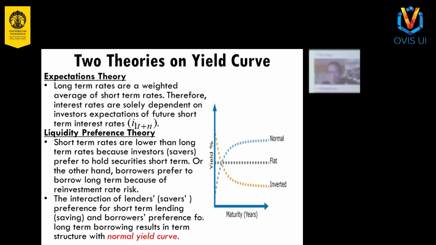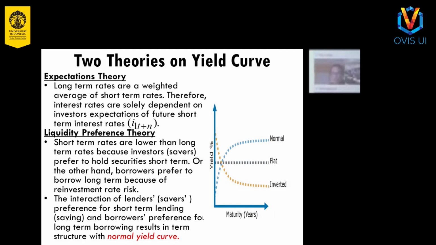Now, from this explanation, the market will use the yield curve as one of, not the only one, but one of the signals of what will happen with the economy in the future. Take for example, suppose the market believes that the economy will be in a recession.